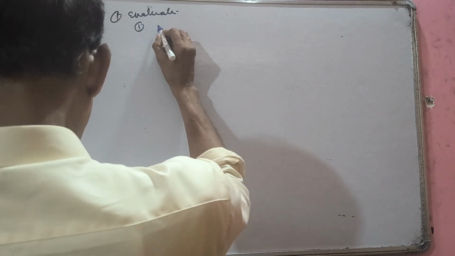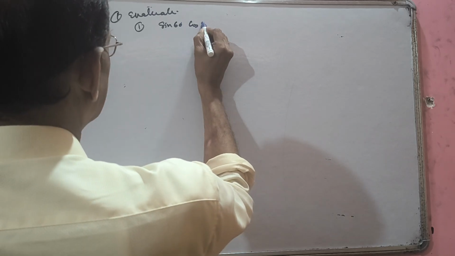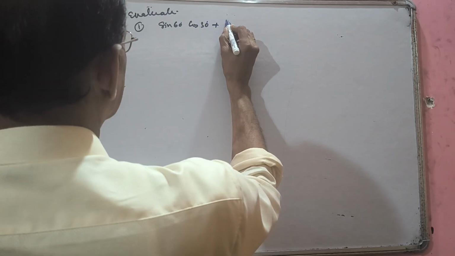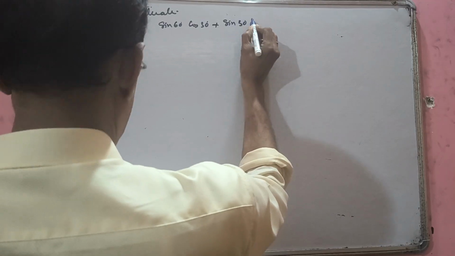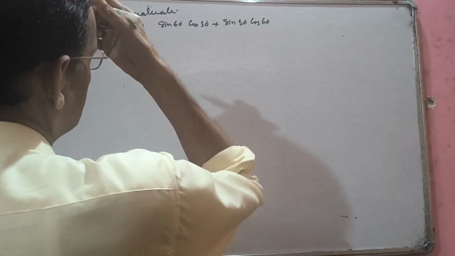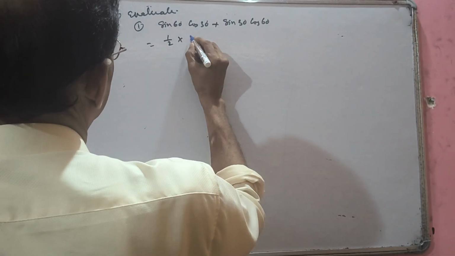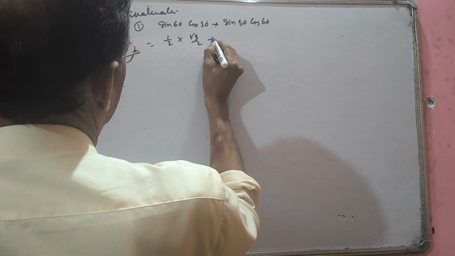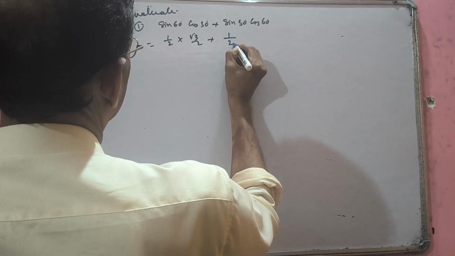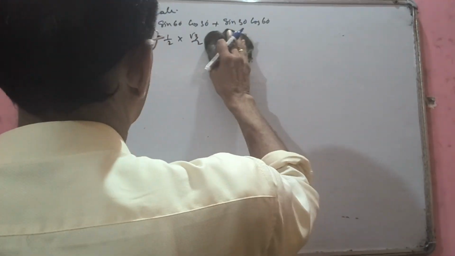Number 1 is sin 60 degree cos 30 degree plus sin 30 degree cos 60 degree. Sin 30 degree value you know, numerical value 1 by 2, cos 30 degree is root 3 by 2. Oh sorry, this is a mistake here.